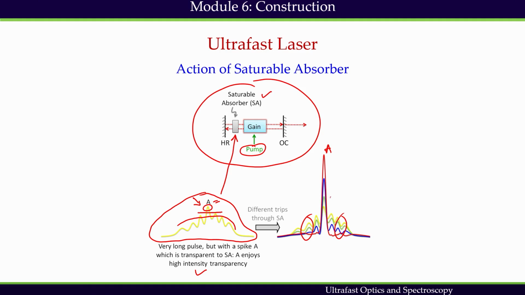That is why this portion of the pulse will be transmitted, and the moment it is transmitted, it will be intensified in the second round trip by another stimulated emission, and gradually the other portions of the pulse will be suppressed.